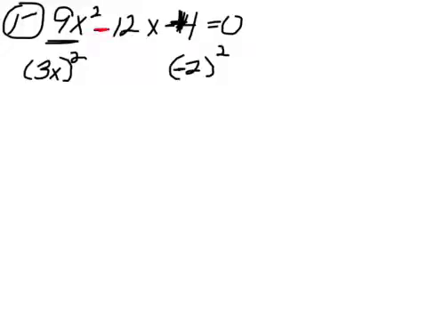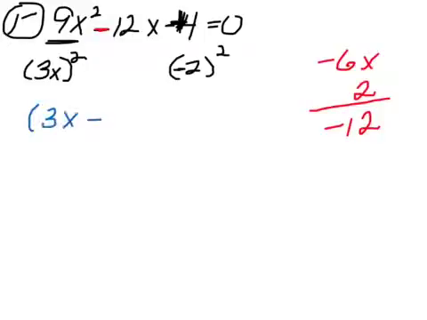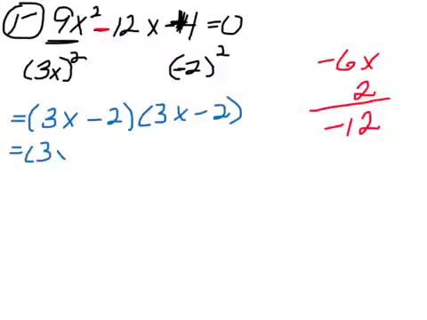And if you remember, if this is a perfect square, if I multiply 3x and negative 2, I get negative 6x, and it's a perfect square if I can double it and get the middle term. And that's what happens here. This one's easy to factor if you recognize the pattern that it's a perfect square. It's 3x minus 2 times 3x minus 2, check it out if you don't believe me, which is just 3x minus 2 squared.